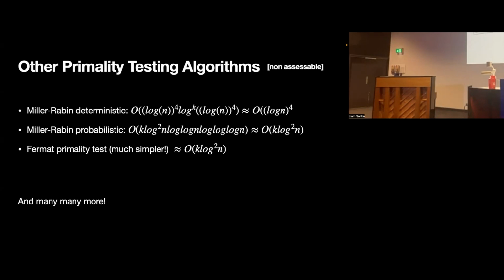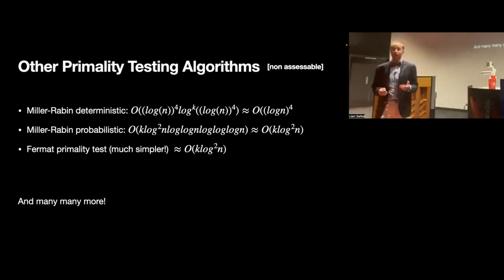There are also a wide variety of other primality testing algorithms. Our trial division one, where we just try all the different combinations, is not the most efficient. And all of these different algorithms have different runtimes. Square root n is not where this story ends.